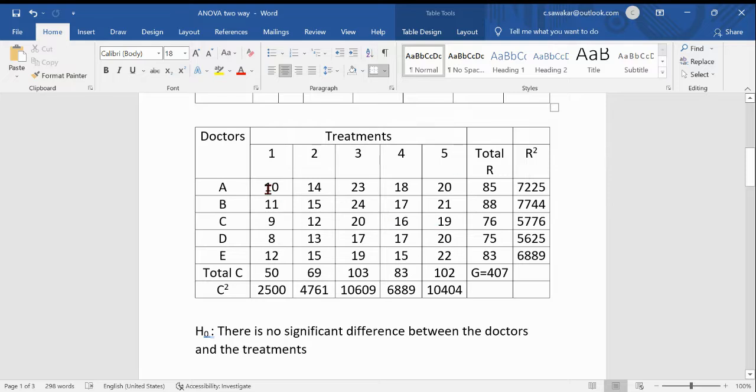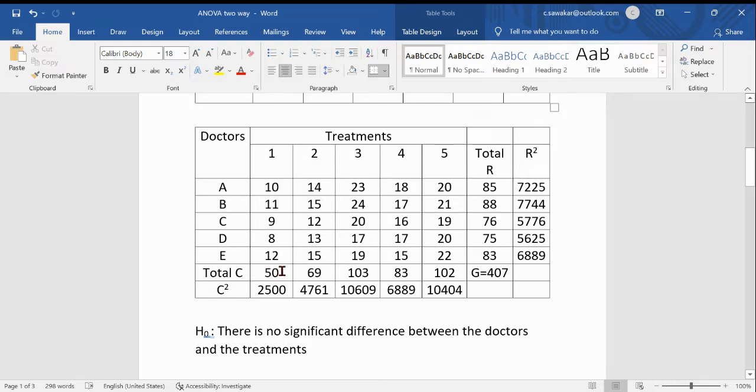Similarly for the sums across the rows: 10 plus 14 plus 23 plus 18 plus 20 is my 85. That is just the summation of the values, across the columns and across the rows.